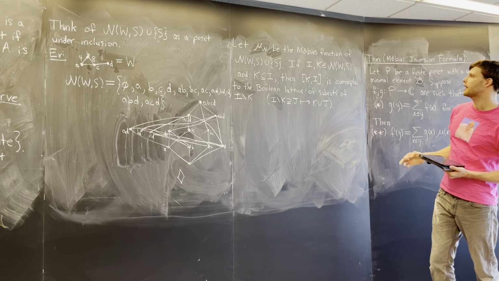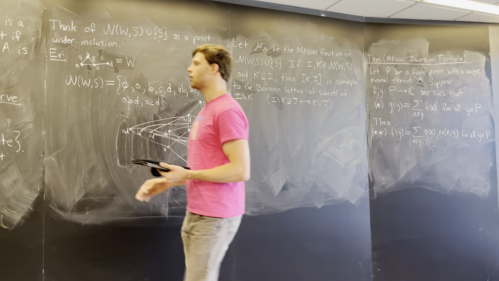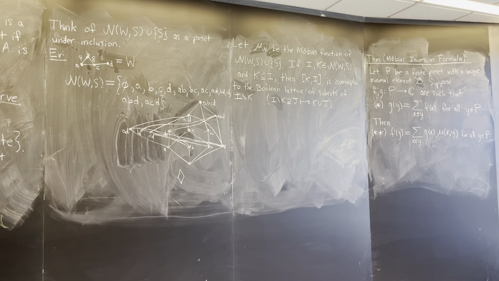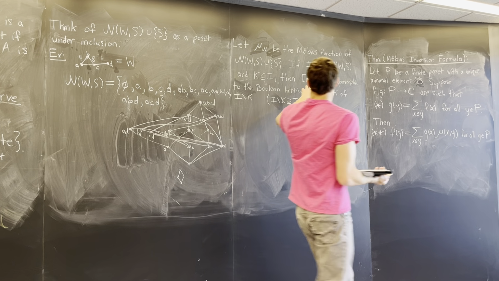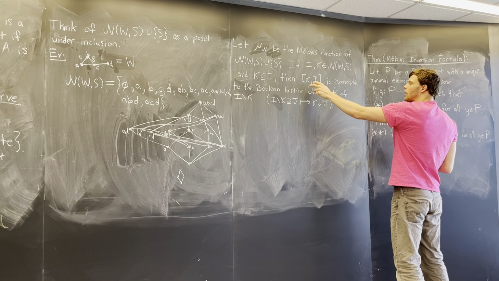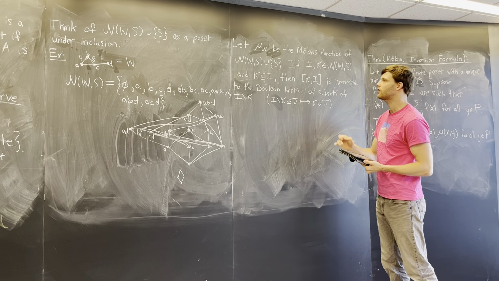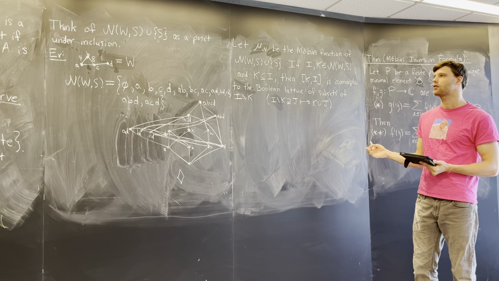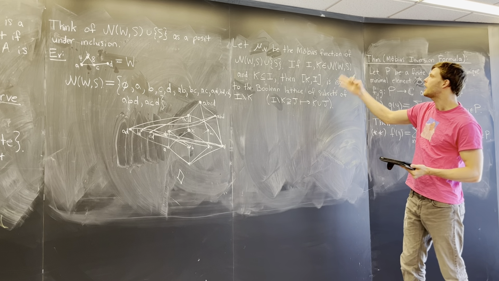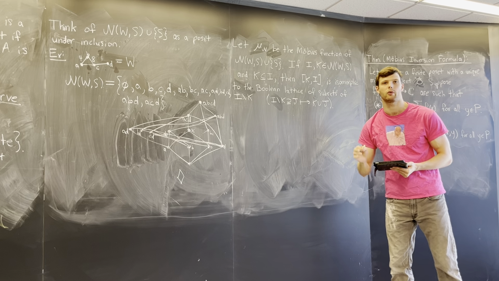And we're using the fact that the nerve is an abstract simplicial complex to say that every set that is contained in I and contains K is actually in the nerve. Because it would be a subset of I, and if I is in the nerve, then every subset of I is also in the nerve.